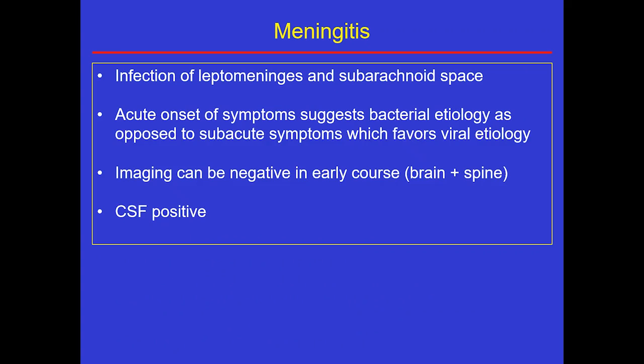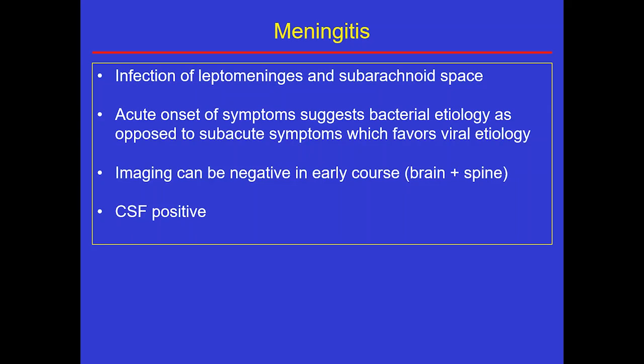meningitis. And so meningitis, we have to remember, is an important diagnosis that typically is made by CSF sampling, but in some cases on imaging we can see examples of meningitis. This is an infection of the leptomeninges in the subarachnoid space. These patients typically, if they have a bacterial etiology, will have acute onset of symptoms.